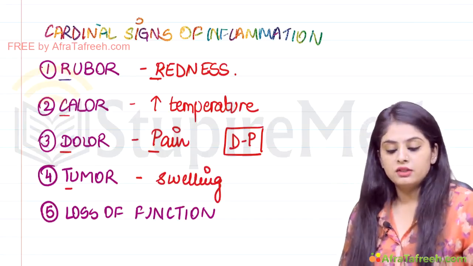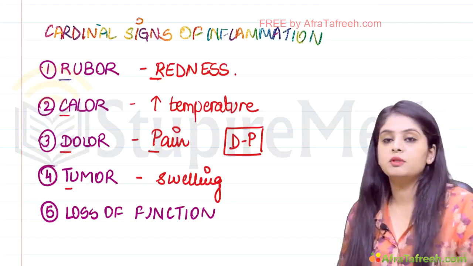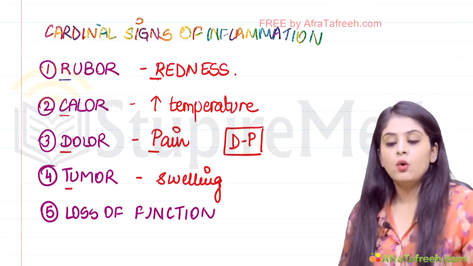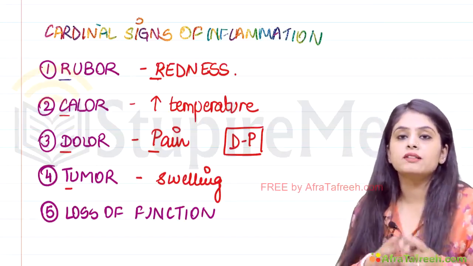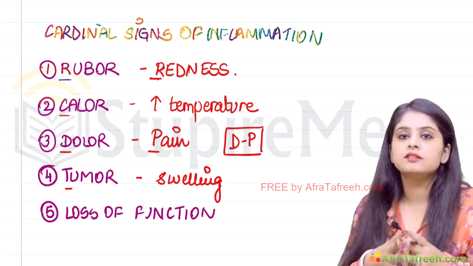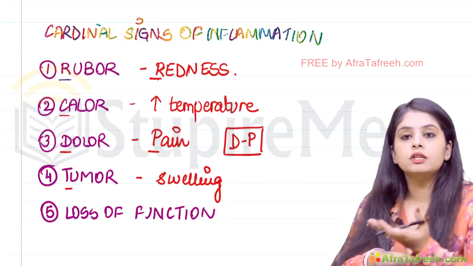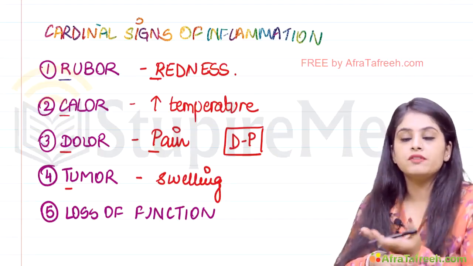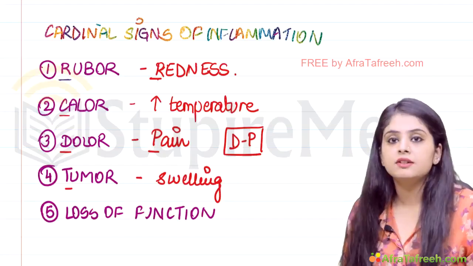Right? So now, for example, everyone has seen and experienced an abscess. What happens to the color of the overlying skin when someone has an abscess? It becomes reddened. It is rubor. What happens to the local temperature when you compare it with the normal temperature? The temperature of that abscess is raised. What cardinal sign would it be? Calor.